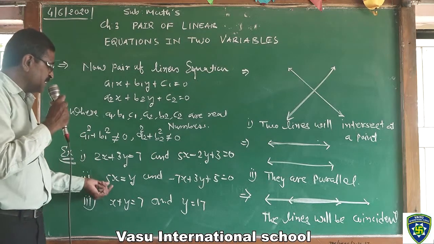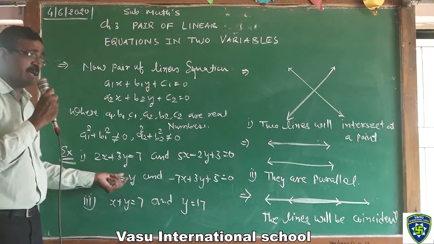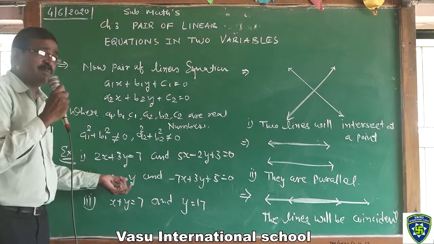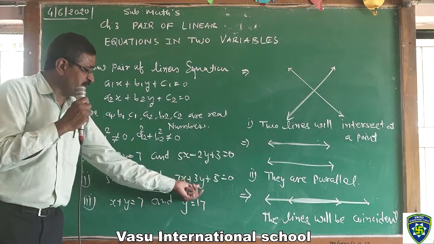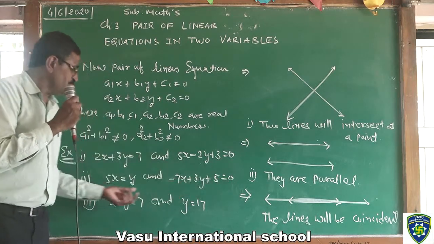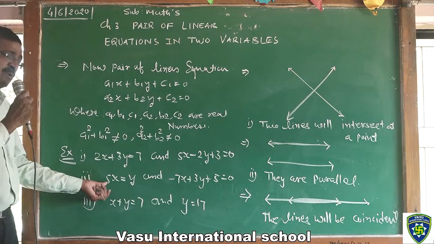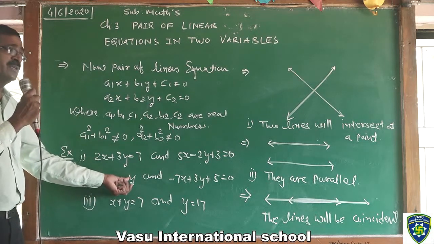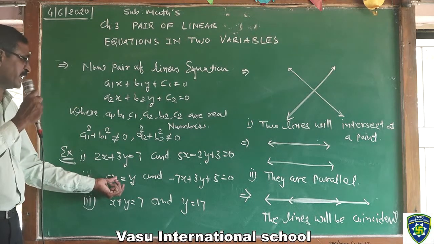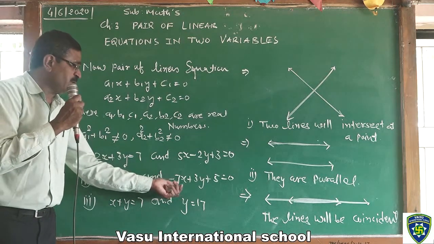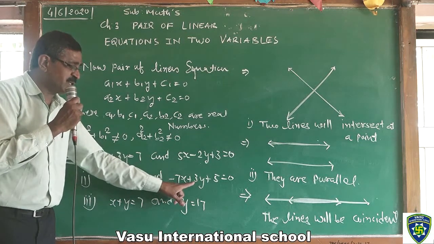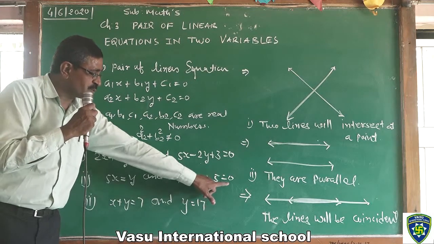The second example is 5x equals y. Here the constant term is 0, and 7x plus 3y plus 5 equals 0. Here a1 is 5 and b1 is minus 1, c1 is 0, and a2 is 7, b2 is 3 and c2 is 5.